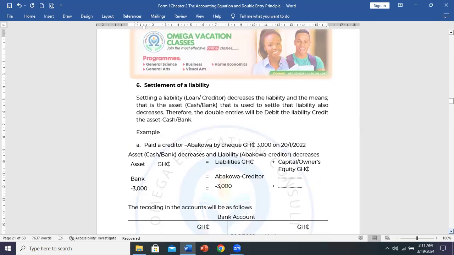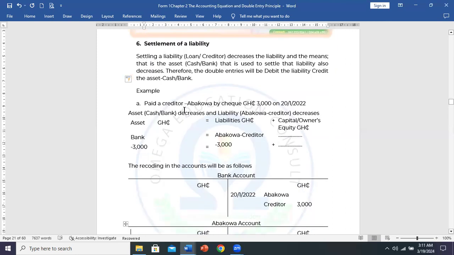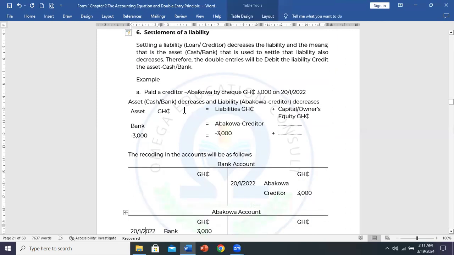That is basically what is written here, that anytime there is a settlement of a loan or a creditor, which is a liability, there's a decrease in the liability, and the asset, which is the cash or bank that is used to settle, also decreases. So we debit the liability for decreasing, and we credit the asset for also decreasing.